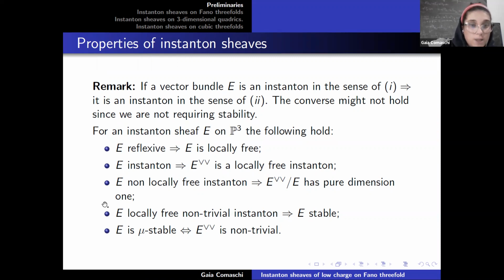Every locally free instanton that is non-trivial is stable, so in particular, since the mu-stability of E is equivalent to the mu-stability of E double dual, we deduce that the mu-stability of E is equivalent to the fact that E double dual is a non-trivial instanton bundle.